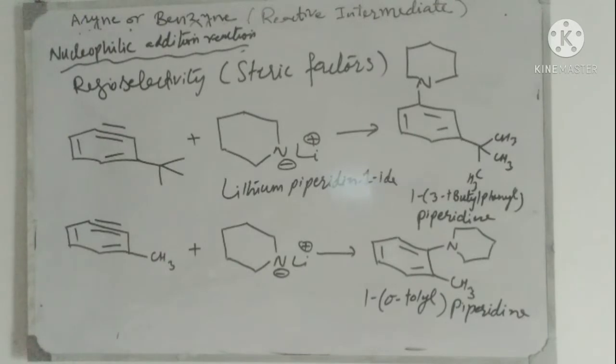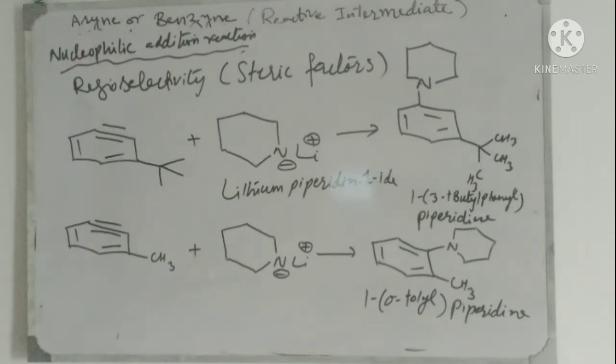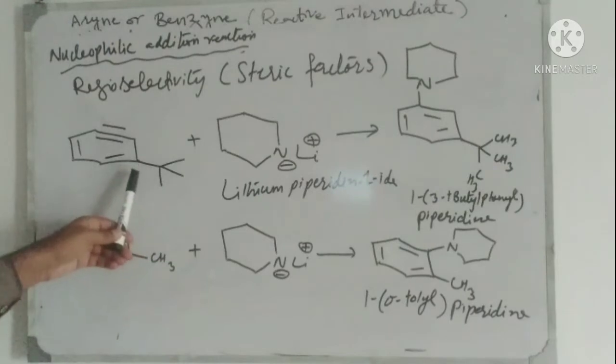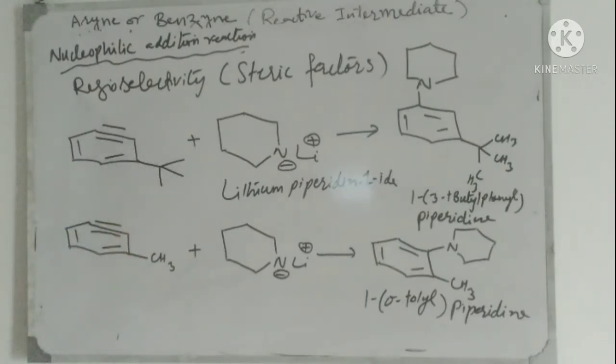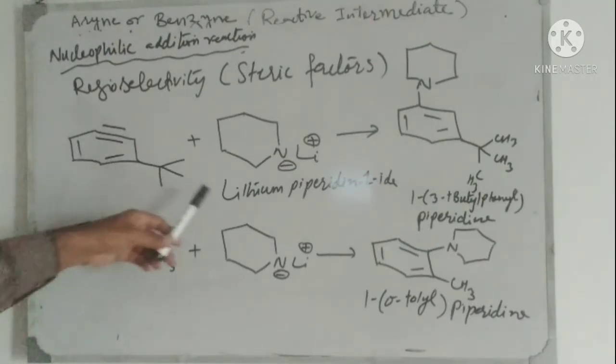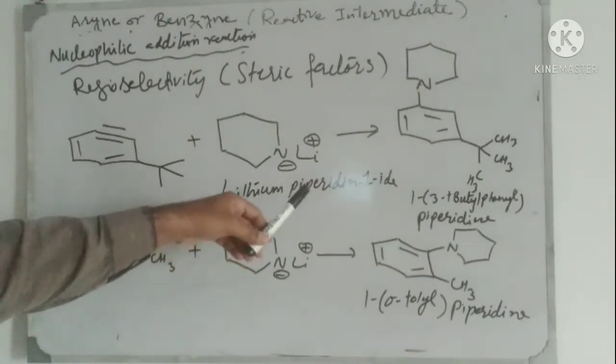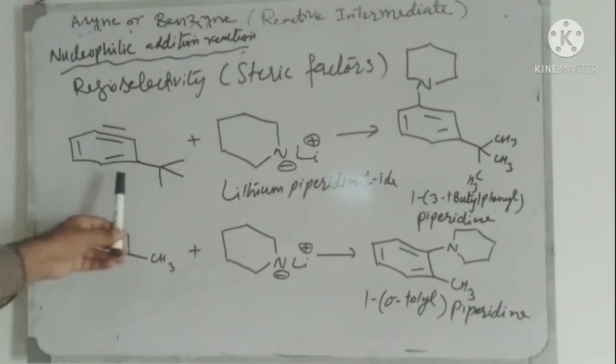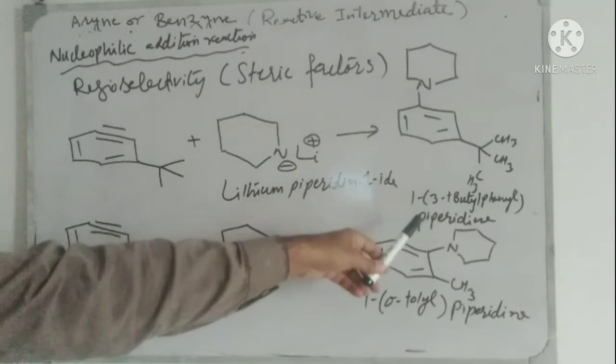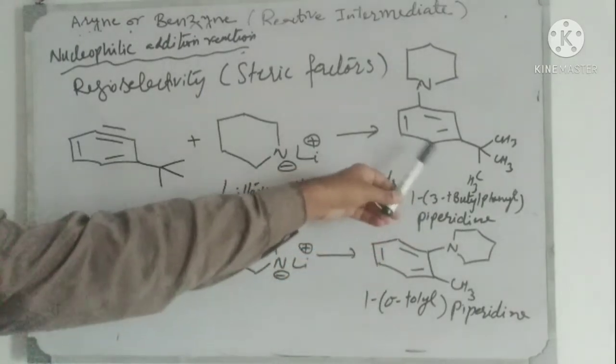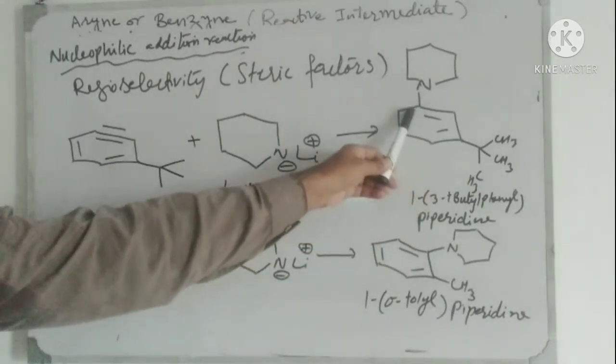When steric factors are involved, steric factors mean the size of the groups. So this is a tertiary butyl group substituted benzyne here. When this reacts with lithium piperidine-1-ide, this 1,3 tertiary butyl phenyl piperidine product is formed. Here this meta substituted product is formed.